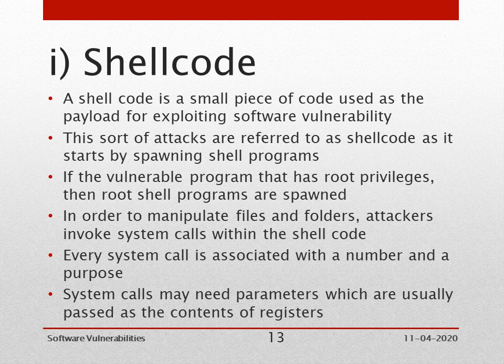This sort of attack is referred to as shellcode, as it starts by spawning shell programs. Shell programs are the means to access operating system services. If the targeted vulnerable program has root privileges, then root shell programs are spawned. Usually, the child process will have all privileges of the parent process.